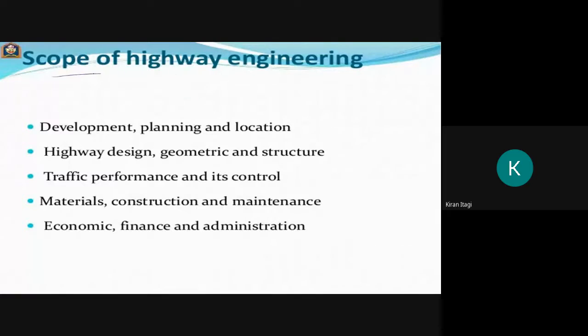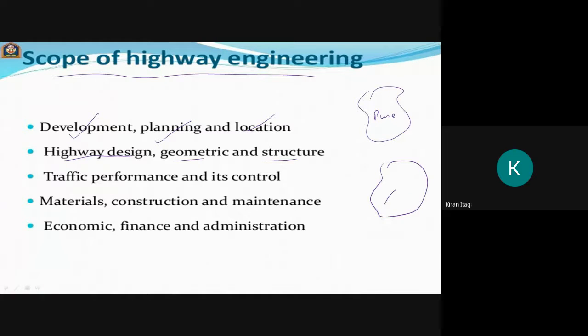Then scope. Scope and role will be the same. The scope is development, planning and location. Just now I gave the idea about Pune. Next, highway design, geometrics and structures. If it goes on developing, the state highway will become a national highway, meaning there will be development. Initially we had only two-lane roads.